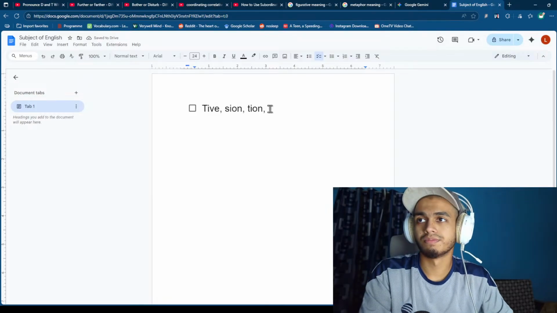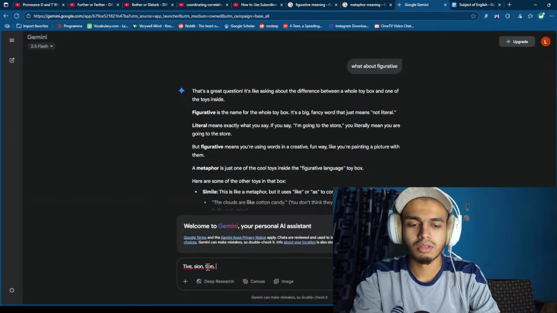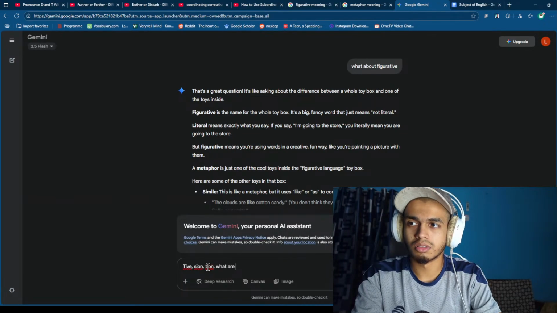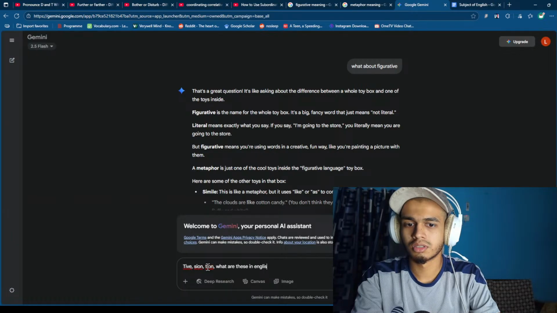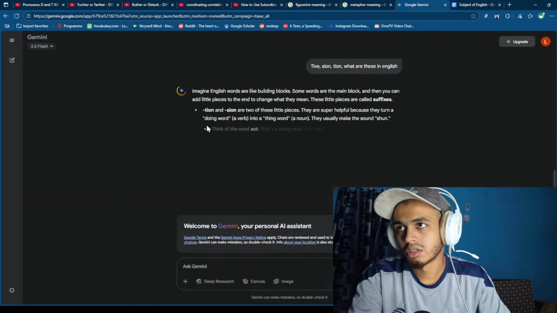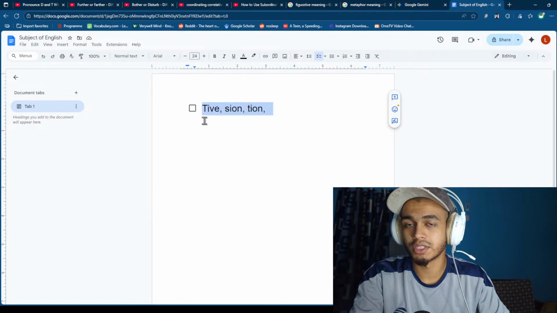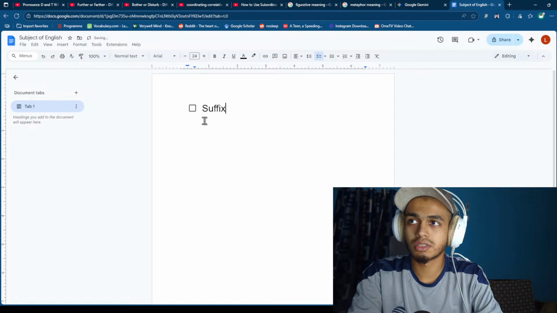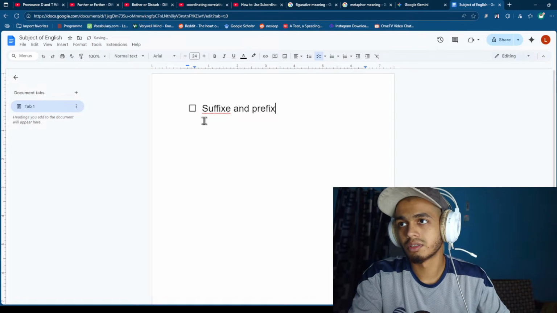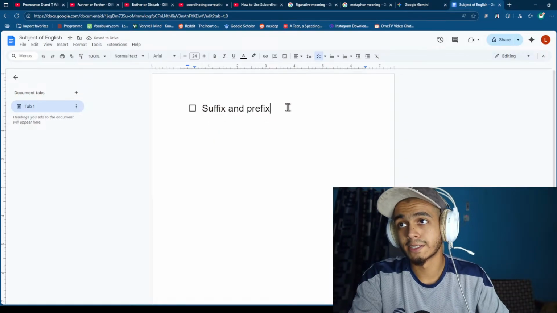What is it called? What are these in English? Oh, it's called suffixes. Oh, I need to learn suffix and prefix. Suffix and prefix. I need to learn suffix and prefix.